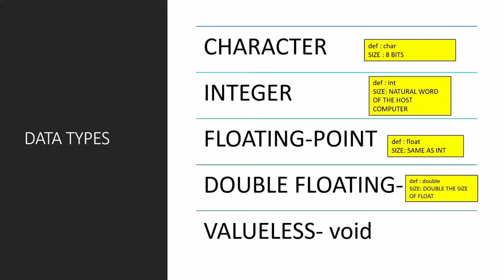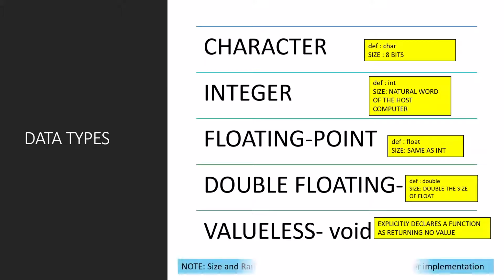Now coming to the void data type, that's more pertaining to functions that are explicitly not going to return any value. Just to conclude, the range and size of integer, floating point and double floating would vary with processor and compiler implementation. And here's another important piece of information.